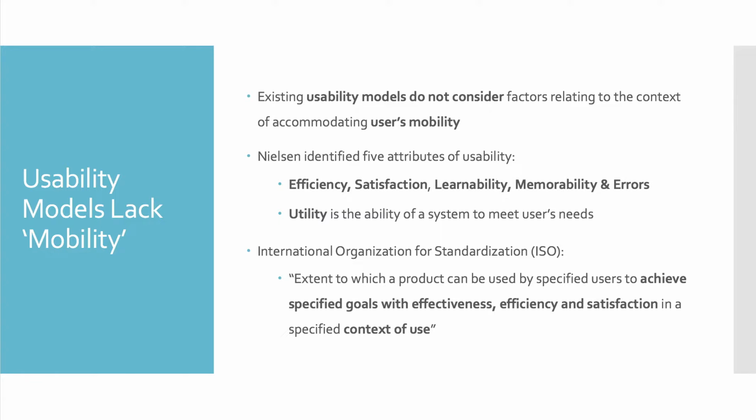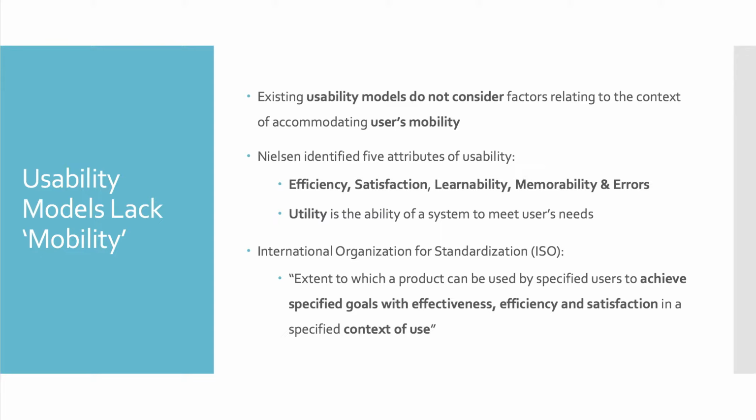So the Nielsen model identifies 5 attributes of usability, including efficiency, satisfaction, learnability, memorability, and errors. And then utility is an entity that is beyond the usability spectrum for this usability model and refers to the ability of a system to meet users' needs.